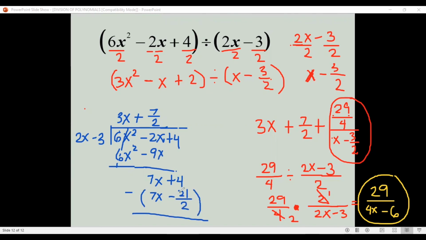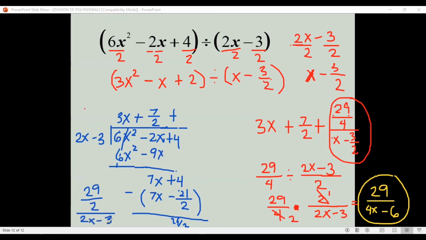So the answer that you will be getting here is, again, 29 over 2. So if you are going to write that, this actually becomes plus 29 over 2, all over 2x minus 3.